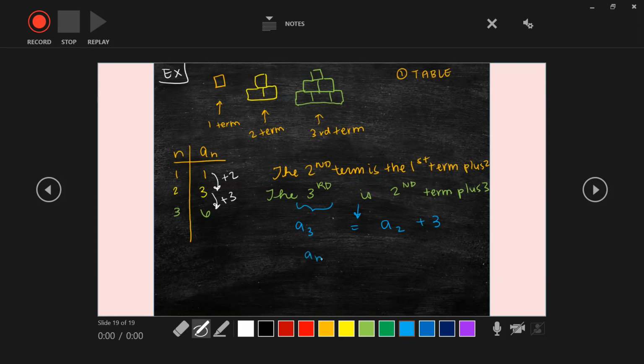A sub n? Yeah. And then what would a sub 2 be? A sub n minus 1. Now let's notice something. This guy is being replaced for n. So this guy is getting replaced for n.